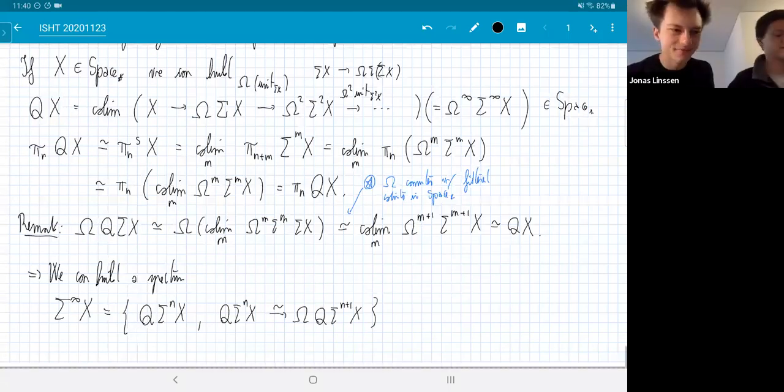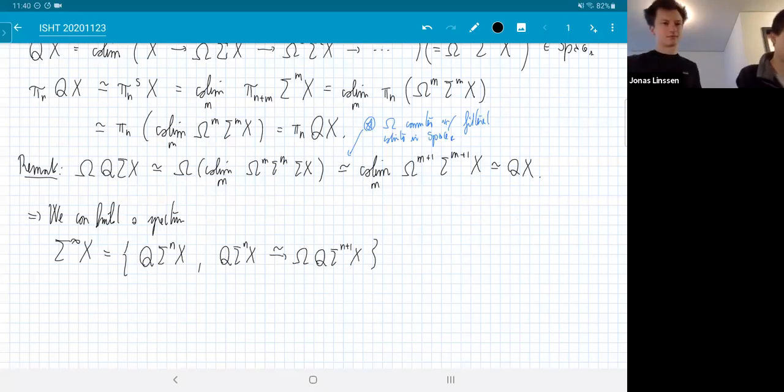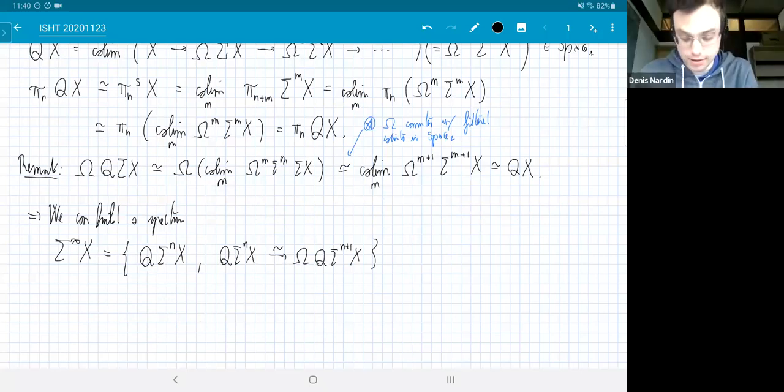Okay, thank you. And I want to insist that this is true often, but not always. This is true in general for compactly generated infinity categories. It's the right setup where this happens. But okay, let me not enter into the technicalities. That's not very important.